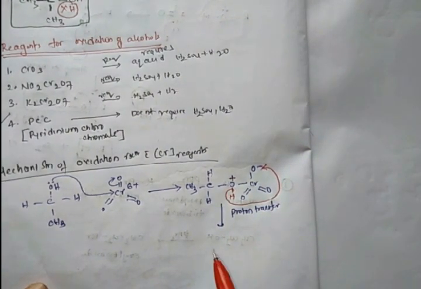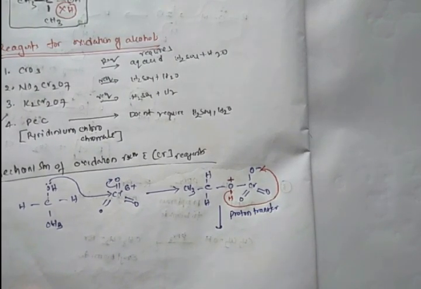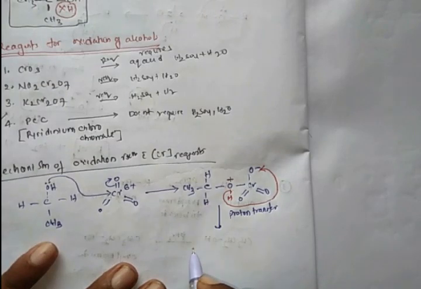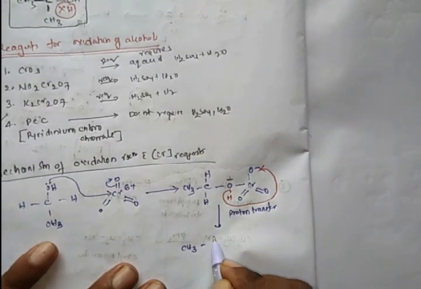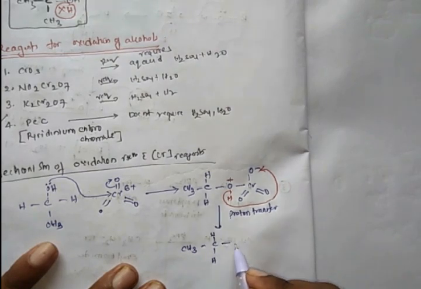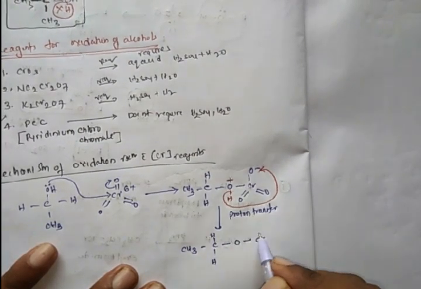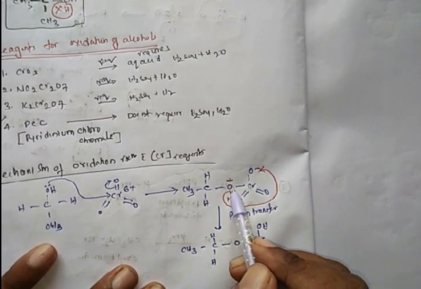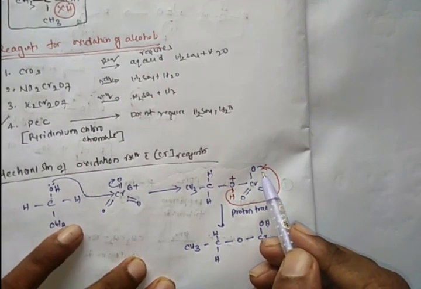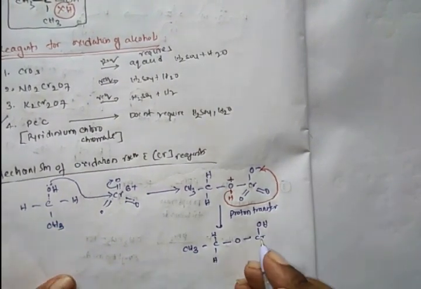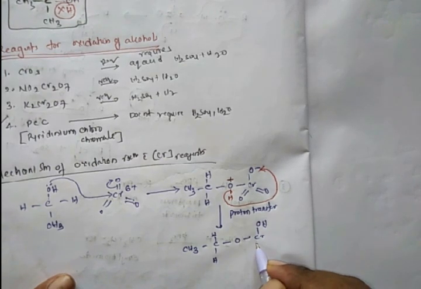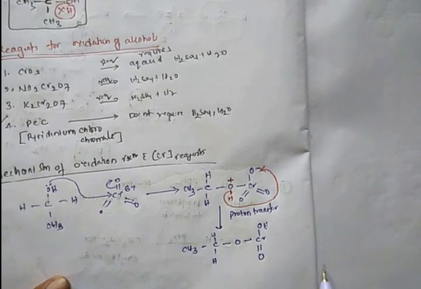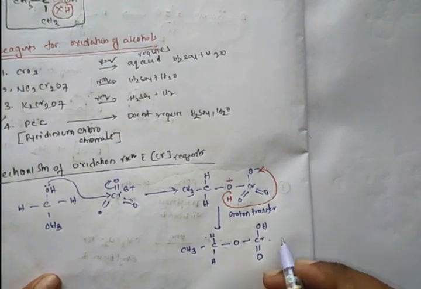There is a formation of CH3, Cr, OH, as a proton is transferred from this positive oxygen atom to the negative oxygen atom, and it forms this intermediate, with a C double bond O and another C double bond O.